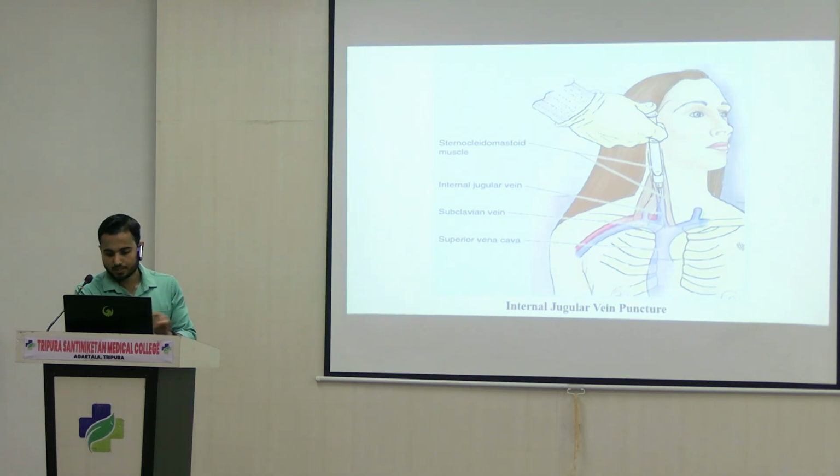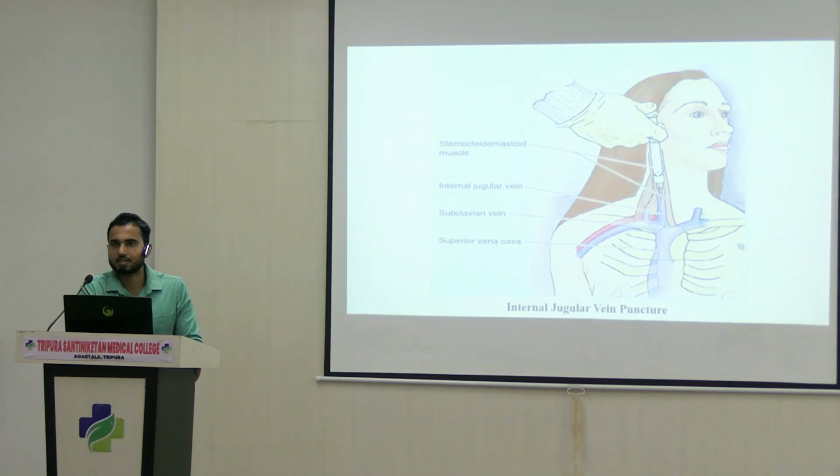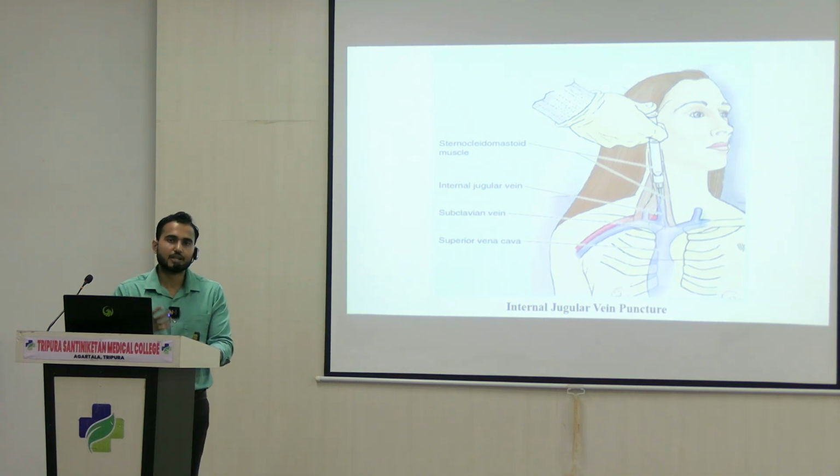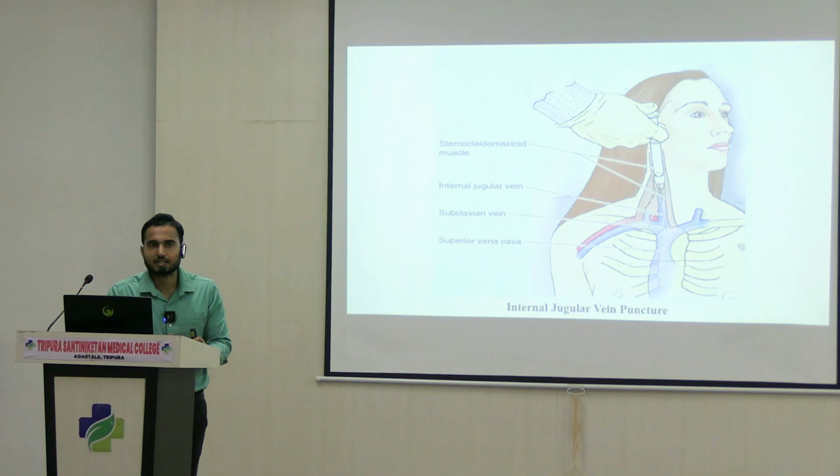In this diagram you can see where the needle is inserted in between the two heads of the sternocleidomastoid muscle, with 30-degree angulation towards the apex. This is a very important procedure, done mainly for right heart catheterization or right cardiac catheterization.